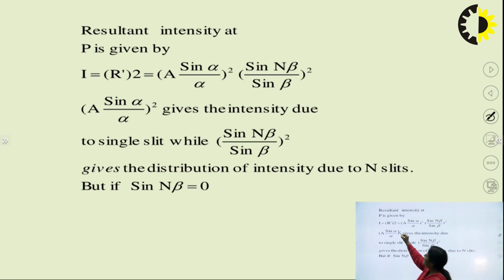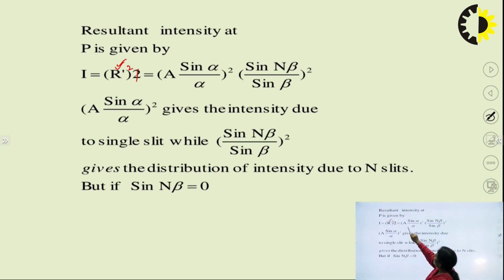Once we have this amplitude, we can just square it and it will give us the intensity of the entire diffraction pattern, which is obtained due to capital N number of slits. So we find the square. This is not 2, it's the square. It has to be like this.